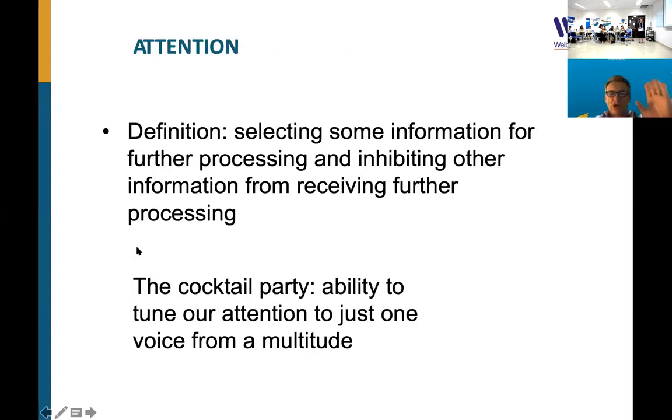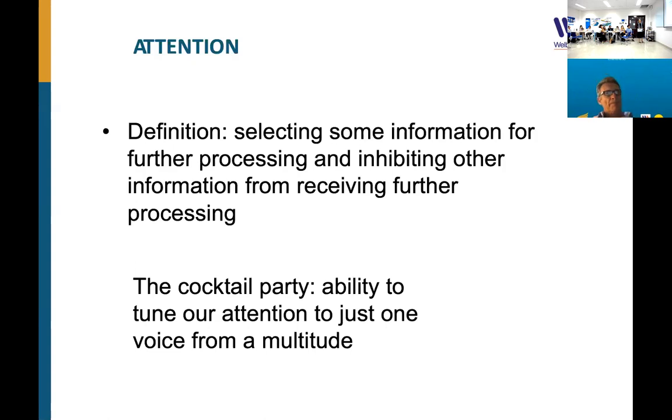So now the last part for cognition is attention. Attention is also a very important part of cognition because it helps us to target our mental activity towards specific signals, specific information in the surrounding.